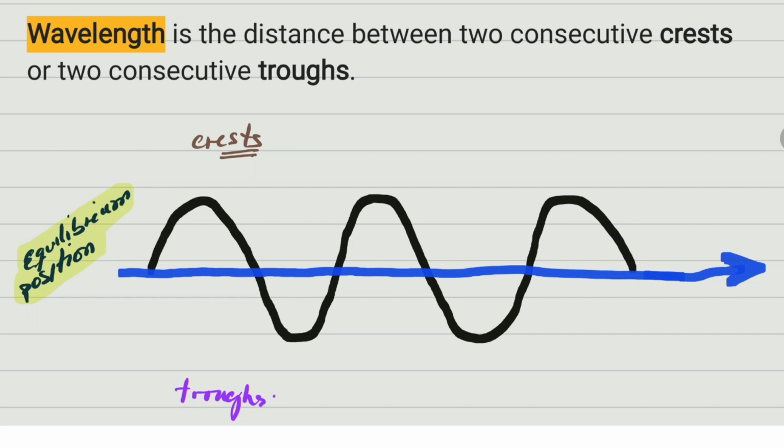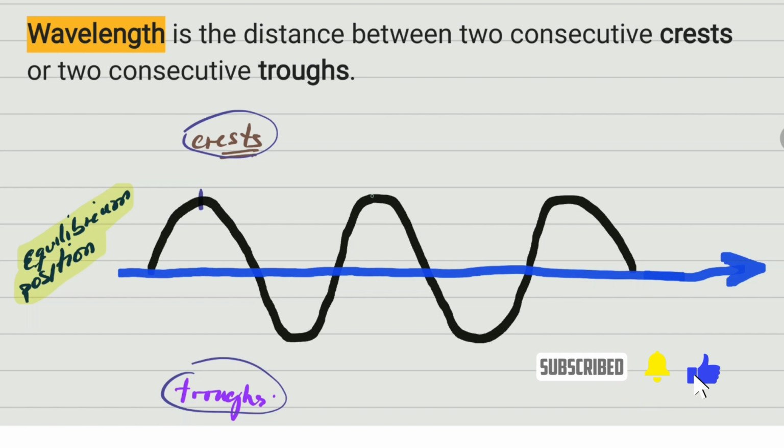Wavelength is the distance between two consecutive crests or two consecutive troughs. Remember, the crests are on top and the troughs are at the bottom. Any two consecutive crests will be, for instance, this one and this one. This distance here is called the wavelength.